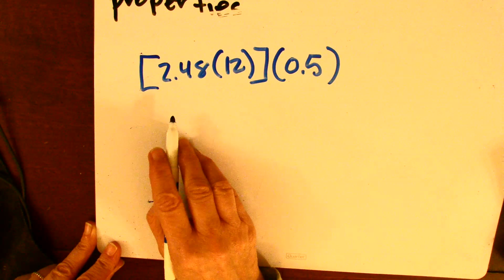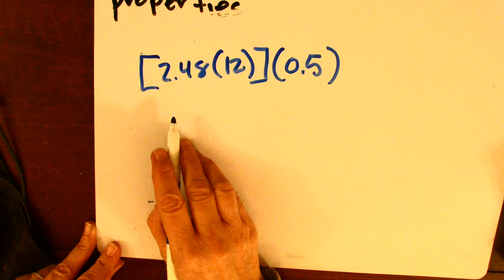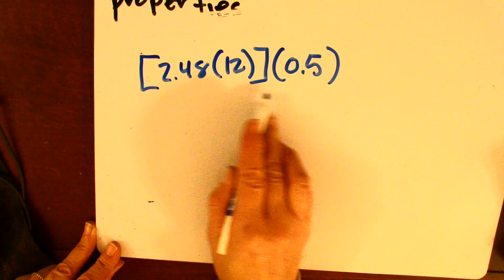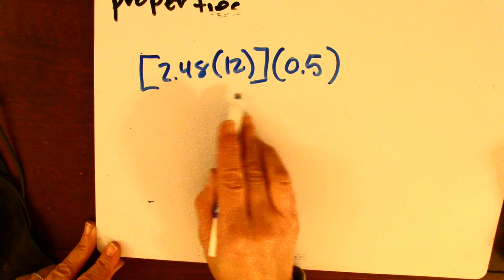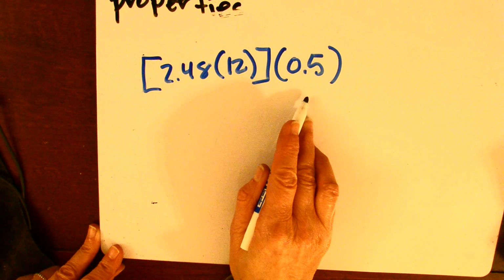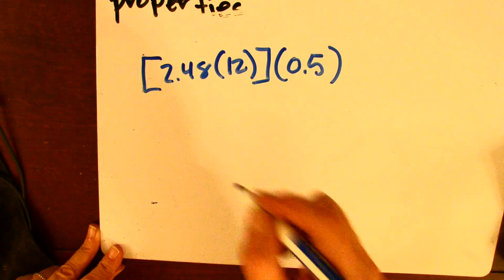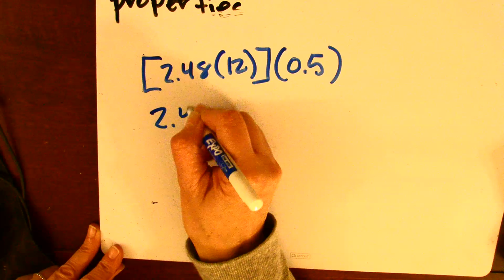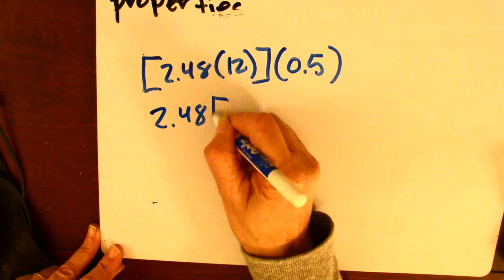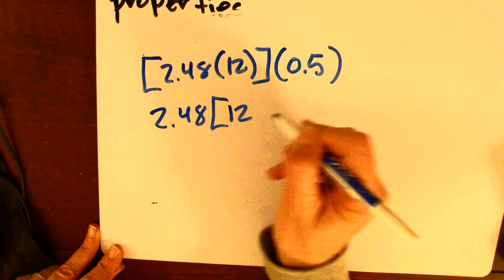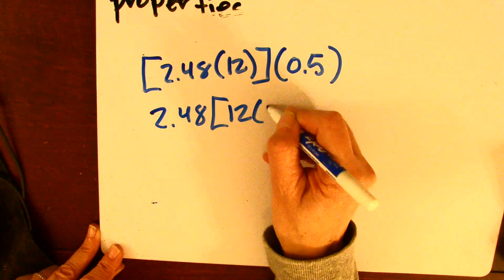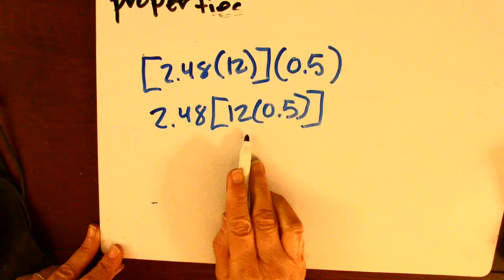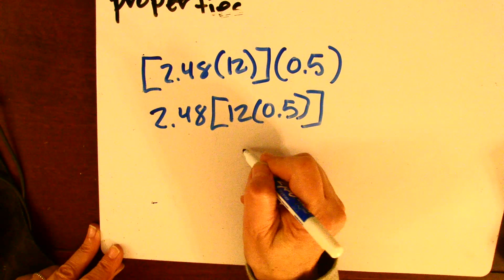So I'm going to apply associative property. Instead of combining these two first, I'm going to multiply the 12 and the 0.5. So that's going to be written as 2.48 times 12 times 0.5. This is going to give me 6.